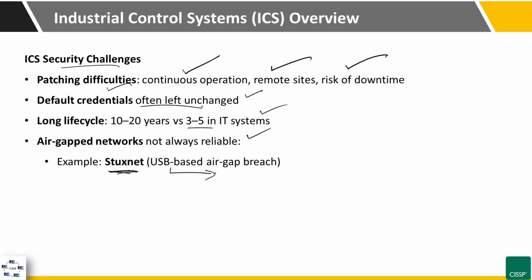So the air gap was breached through a USB. A USB was connected to, let's say, an engineer's laptop, and that laptop was then connected to the centrifuge network, and the malware thus spread to this air gapped network.